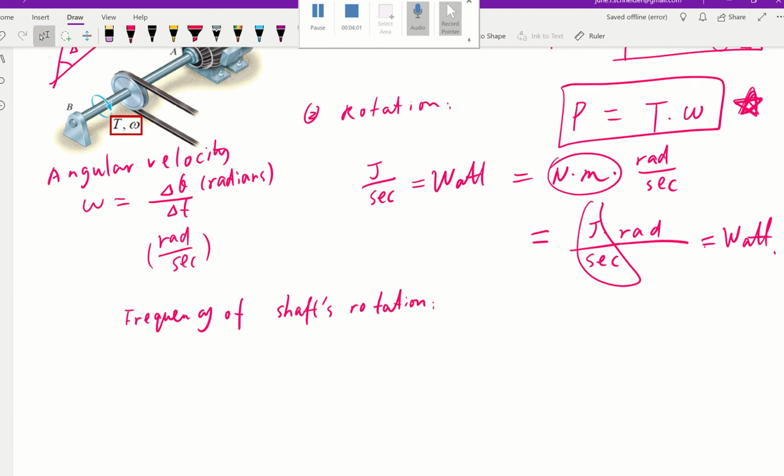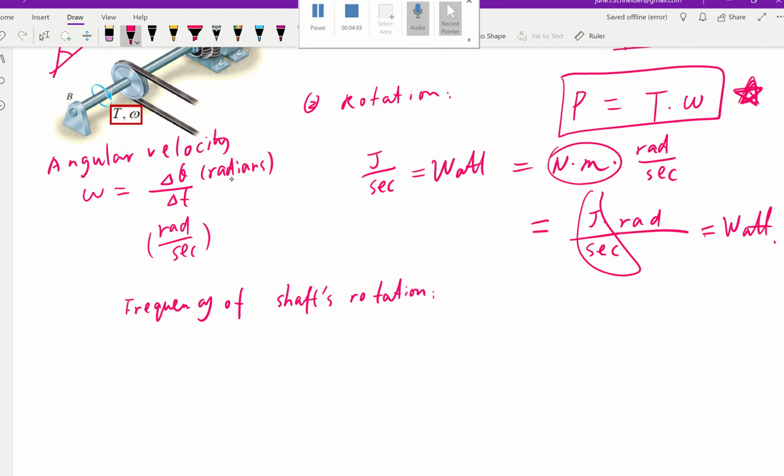If we use hertz, hertz is frequency, and we use f as our symbol. Hertz means how many cycles per second, right? For example, you put a radio on a station like 94.3. That means there are 94.3 cycles per second. That's how many revolutions per second.